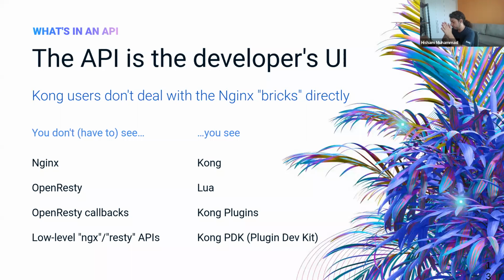And so it's always useful to start thinking about what an API is anyway, right? In a sense, the API is the developer's user interface. It's, okay, what do I have available in order to do things? If you're thinking about a graphical program, your interface is the places that you can click, the buttons that you have, where you can poke the application in order to make it do things.